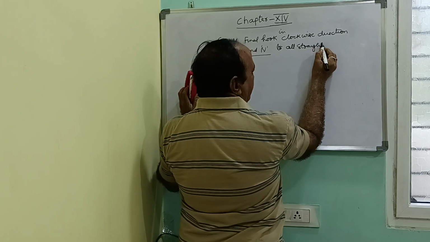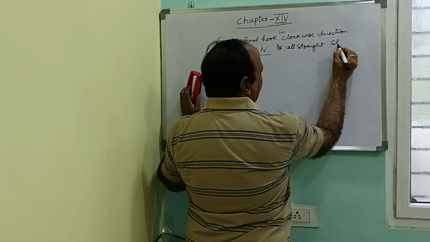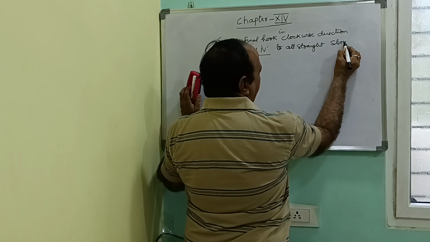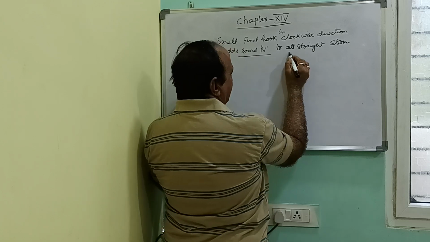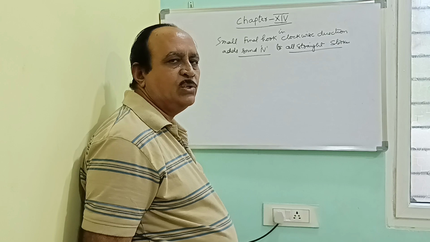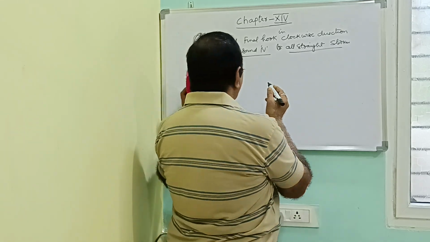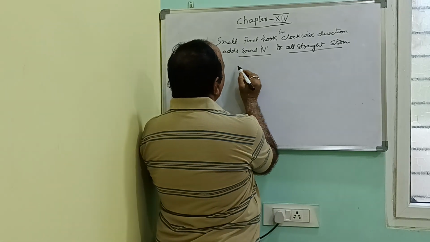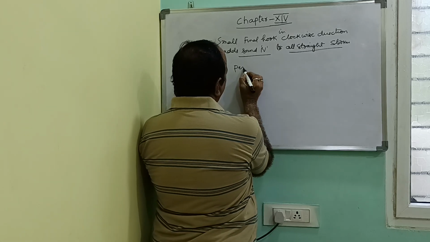Straight strokes means P, B, T, D, CH, J and K, G. For all the straight strokes, a small final hook in clockwise direction adds the sound of N. For example, pen.